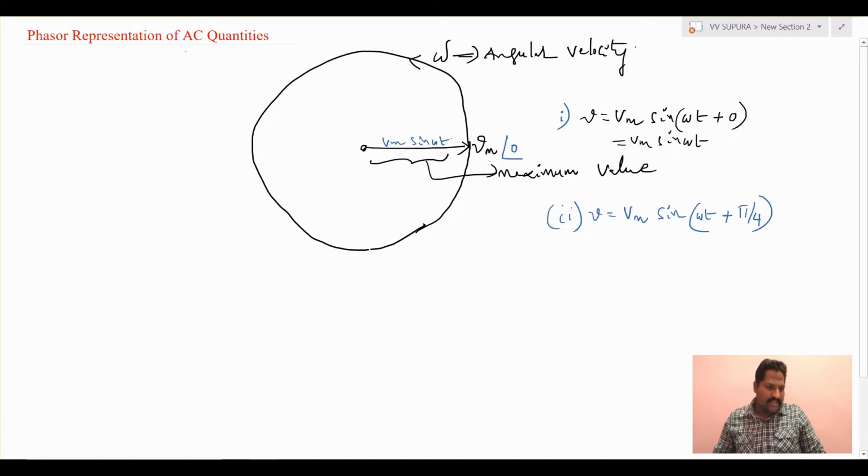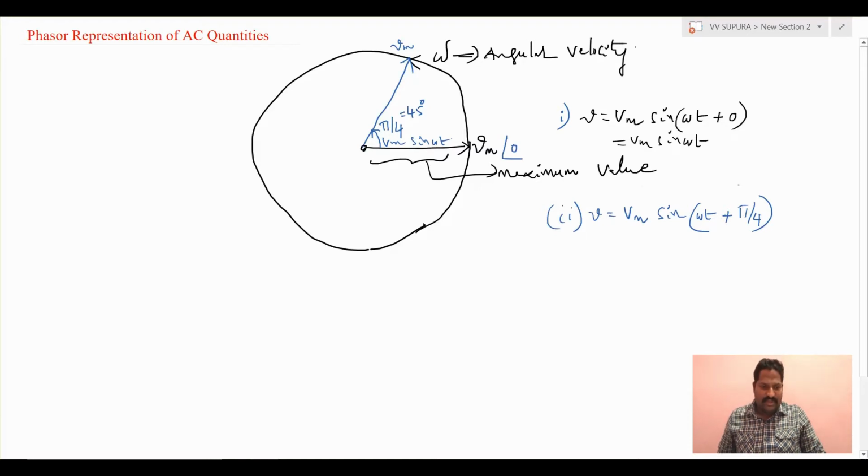Here I can write the phasor. The value is the maximum value, Vm, and it makes an angle of pi by 4 from the reference, that is nothing but 45 degrees. So I have to represent this omega t plus pi by 4 like this.